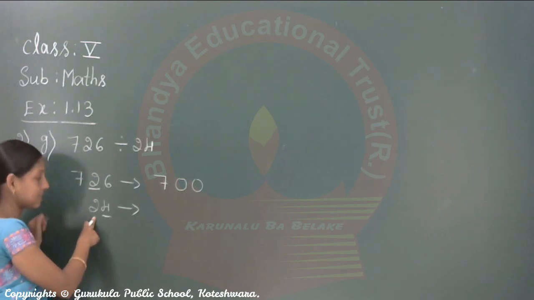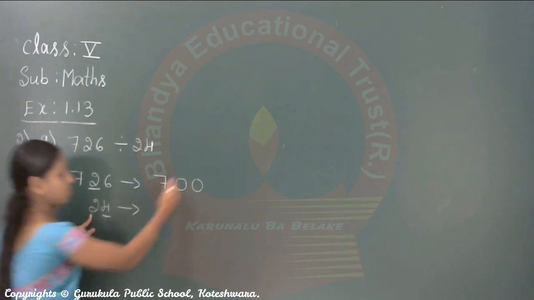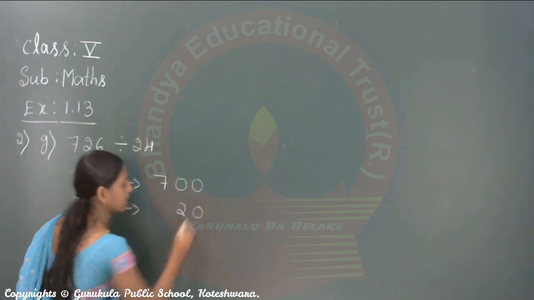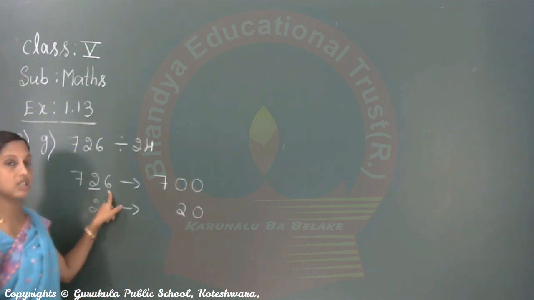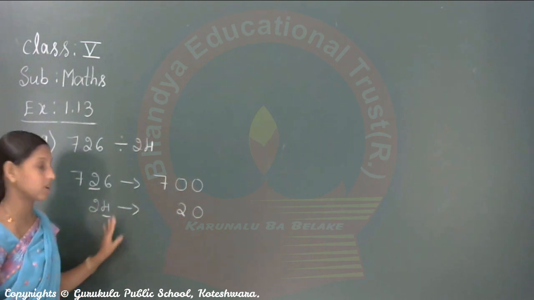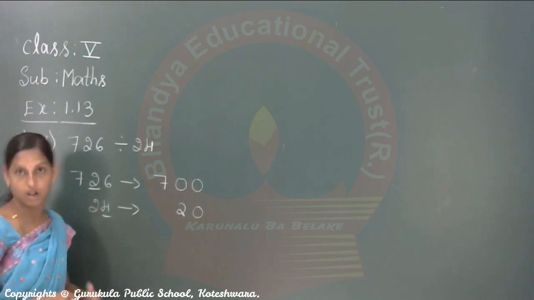Keep the tens place as it is and make the ones place 0. So it will be 20. 726 is rounded down to 700. 24 is also rounded down to 20. Both the numbers are rounded down.